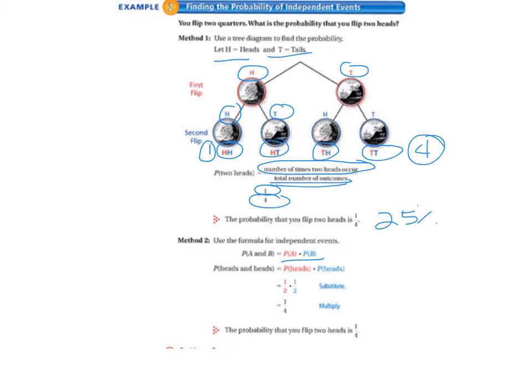So if we look up at our tree diagram, we know that the probability of flipping heads on the first flip is 1/2. And the probability of flipping heads on our second flip is also 1/2. So we have 1/2 times 1/2, and that equals 1/4. So the probability that you flip 2 heads is equal to 1/4.